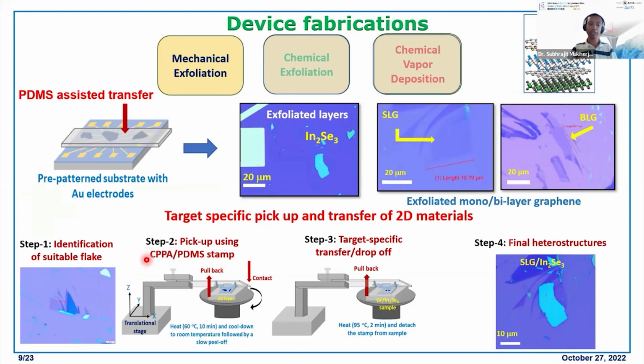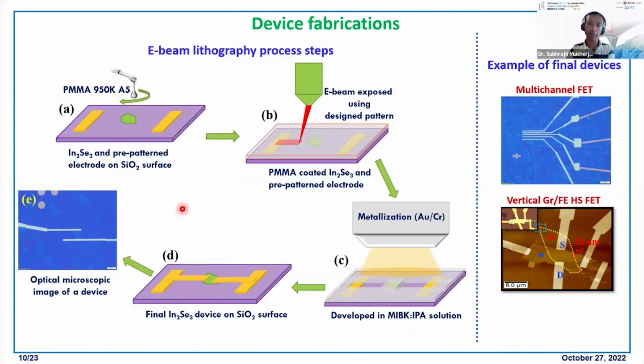With heat, you can laminate the 2D layer with this PDMS stack, and then you can transfer it, and using high temperature, you can release the layer from the stamp onto your desired second layer. You transfer the first layer, then you transfer the second layer. Finally, we use electron beam lithography to fabricate the devices. This is just a standard process.